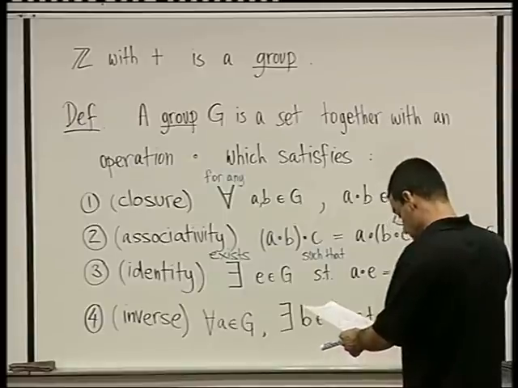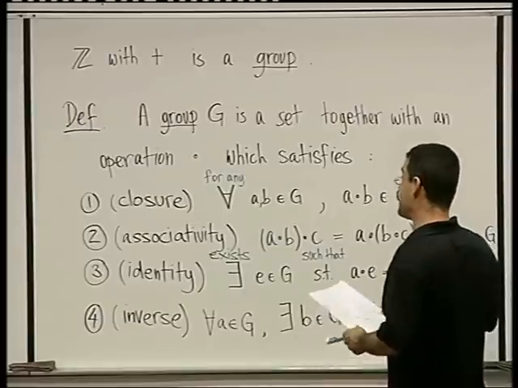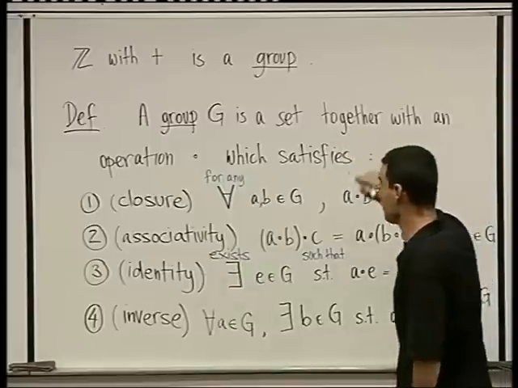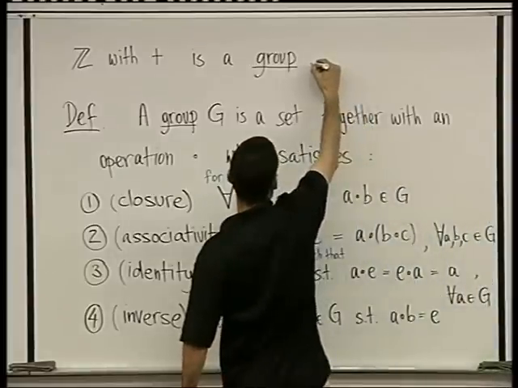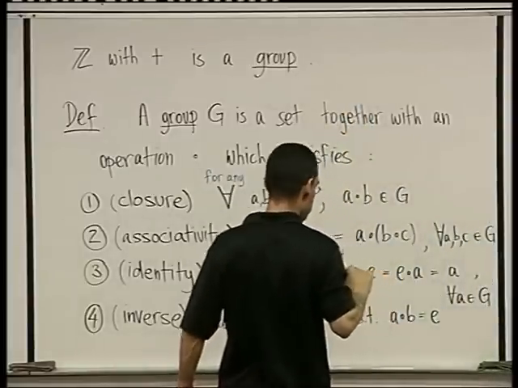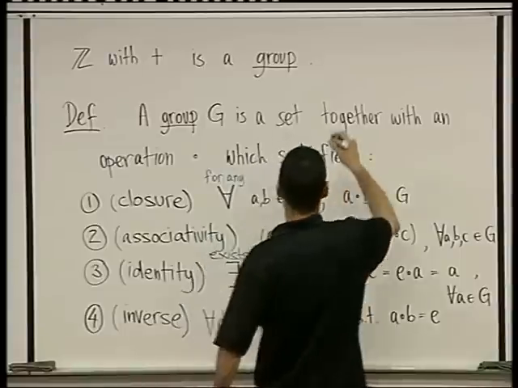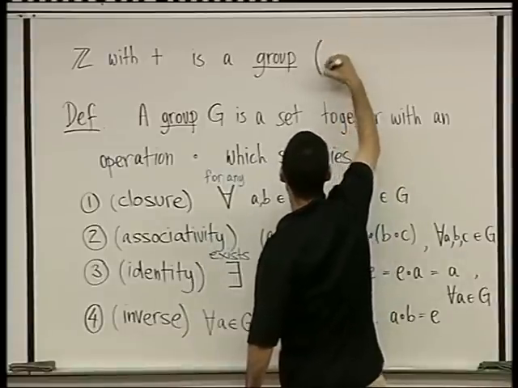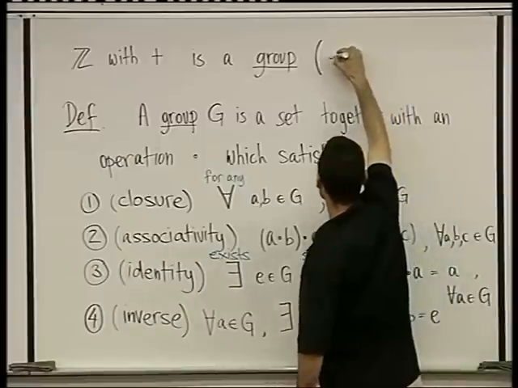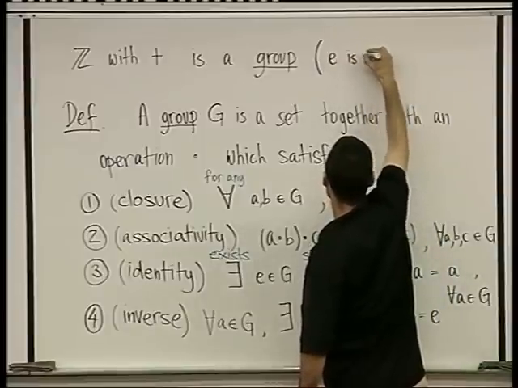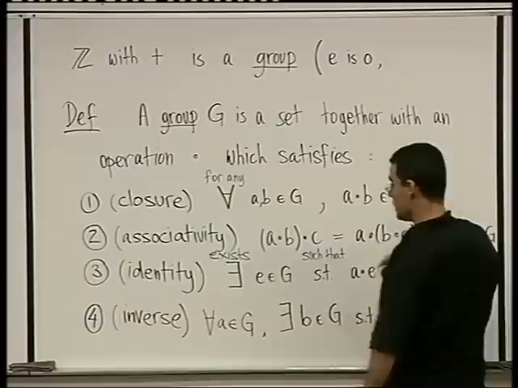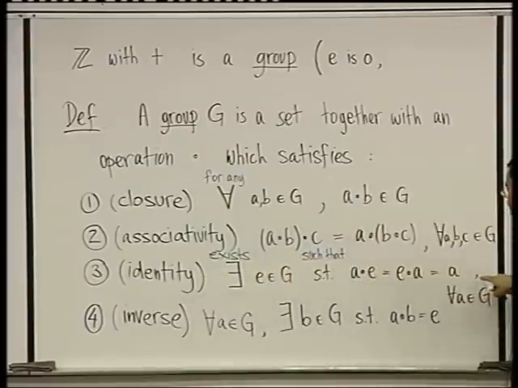Okay, so an example of a group: Z with plus is a group. Let's add here, E, the identity is 0. That's the identity for the integers with addition.